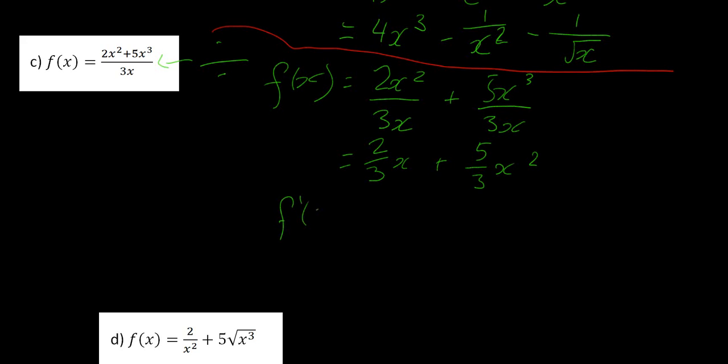This makes for a relatively simple derivative to find. So 2/3 x becomes 2/3. It's 5/3 over here. Now, if you want to just be safe over here, bring the 2 down so that you get 2 in front, and you get 1 as your new index, since you need to subtract this 2 by 1.